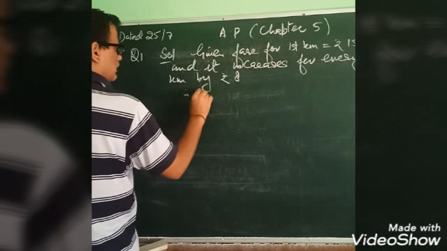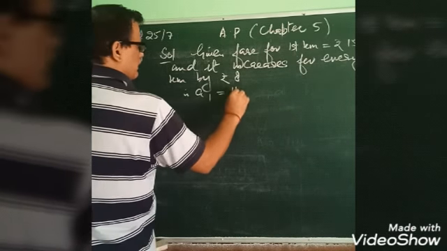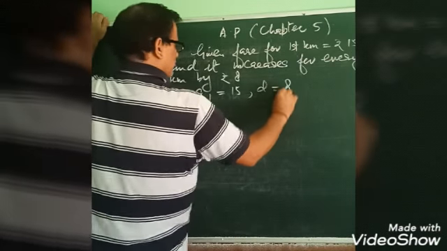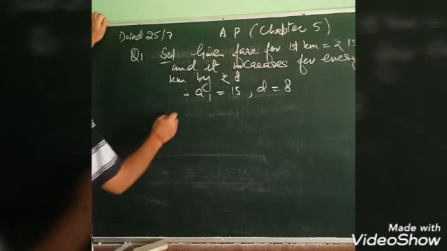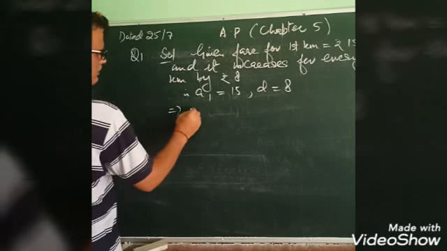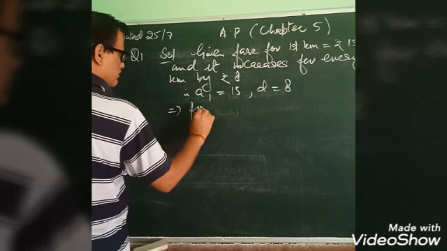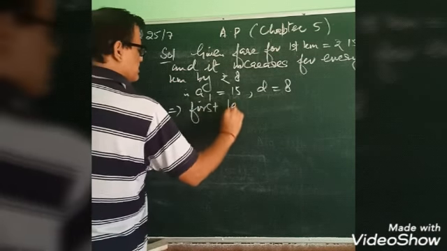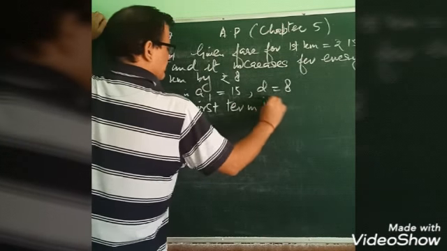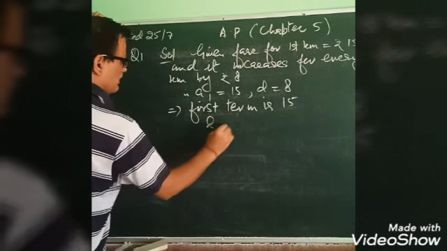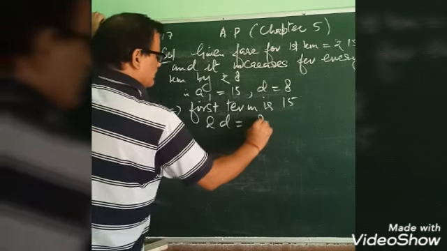Therefore A1 is equal to 15, D is equal to 8. This implies first term is 15 and common difference D is 8.